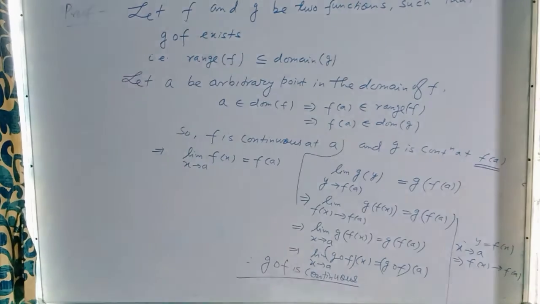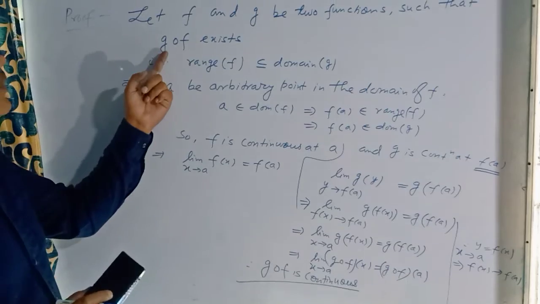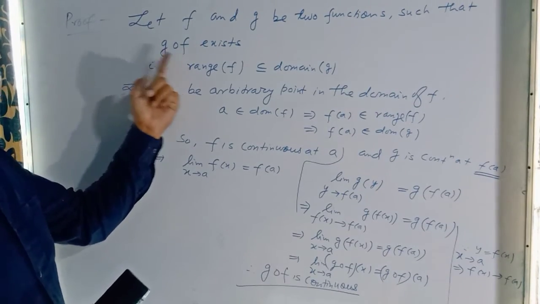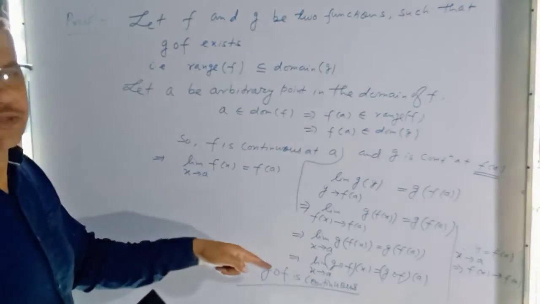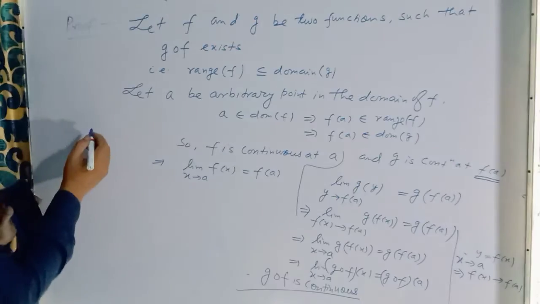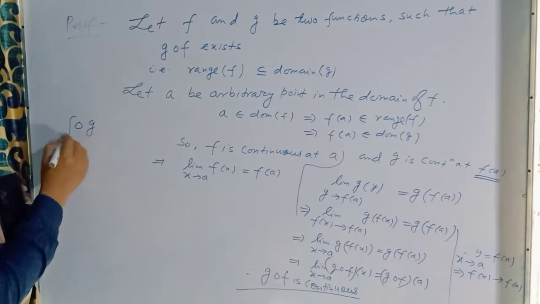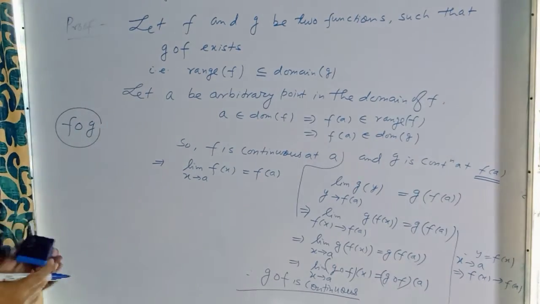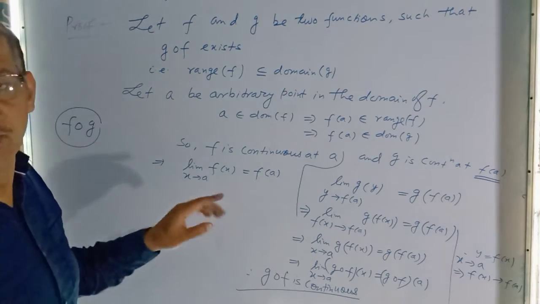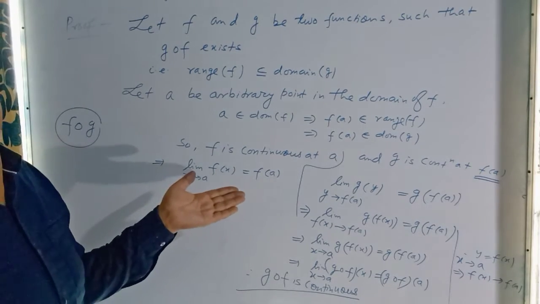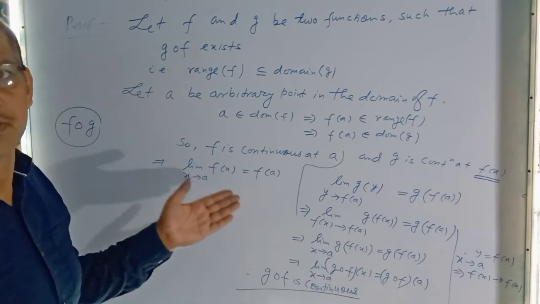This is the way to prove how the composition of two continuous functions is also continuous. Similarly, we can prove f composition g is continuous. Here it is required to prove only one, and we may directly use it as a result, as a property of continuous functions.